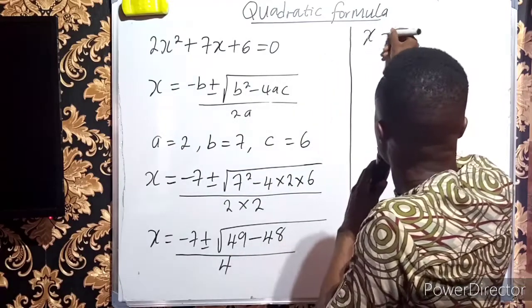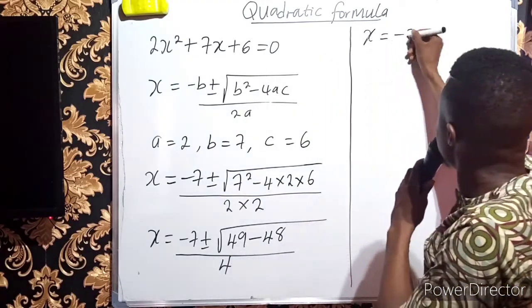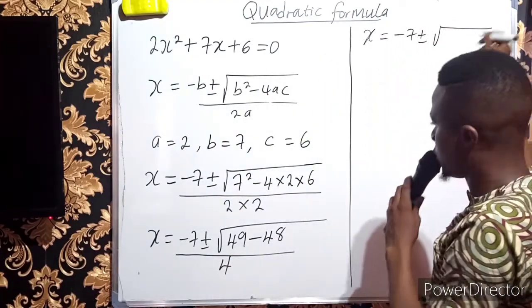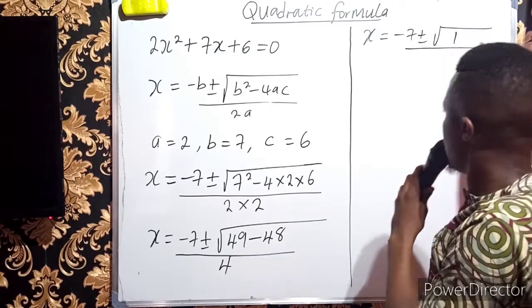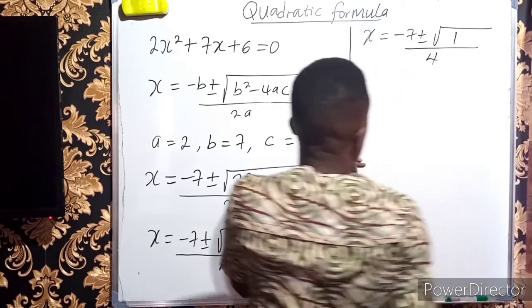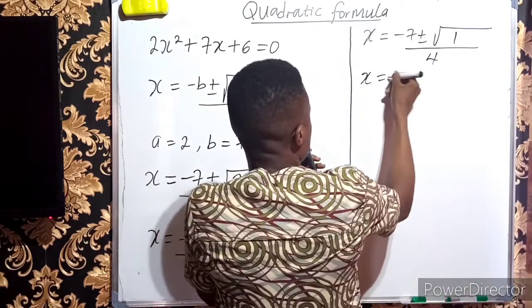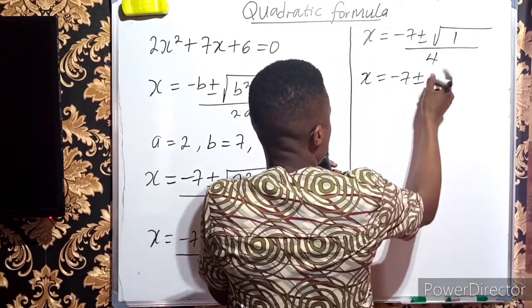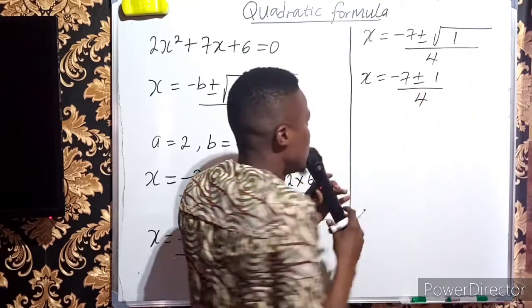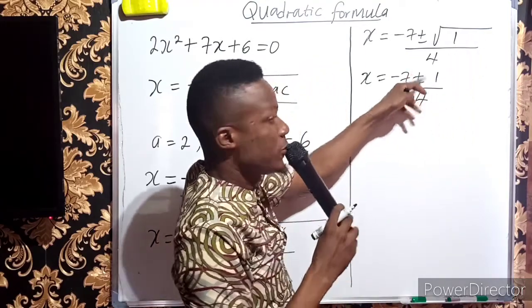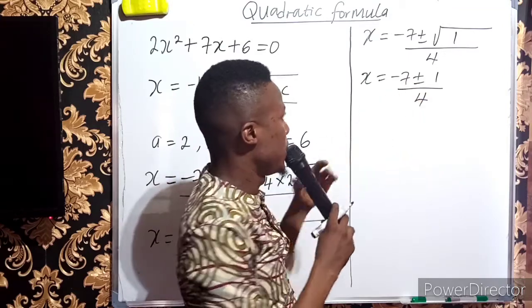So x equals minus 7 plus or minus the square root of 49 minus 48, which is just 1, all over 4. So x gives us minus 7 plus or minus the square root of 1, which is 1, all over 4. So we take plus first, after that we take minus.